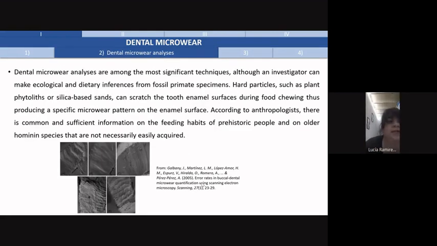Next slide. Thank you. Here we can see a peek about the dental microwear analysis from Galvin et al. Here we have the most significant techniques that the investigators use, and we can see that this is through ecological and dietary inference from fossil primate specimens.